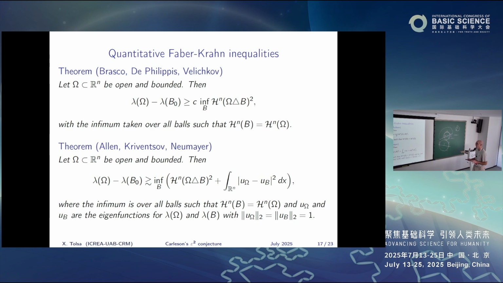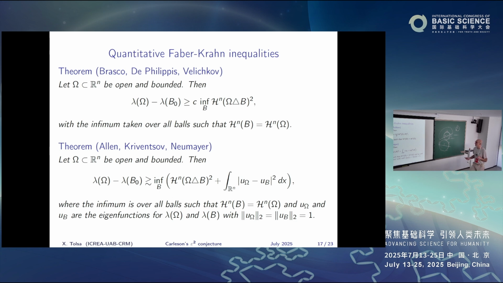And what is this u omega? U omega is the eigenfunction corresponding to lambda omega, and u_B is the eigenfunction corresponding to the ball extended by 0. So if these eigenfunctions are very different, then this quantity will be large, and then this will say that this has to be large.